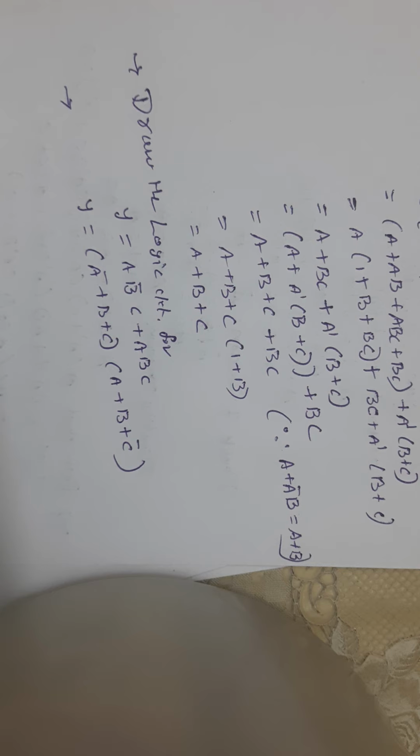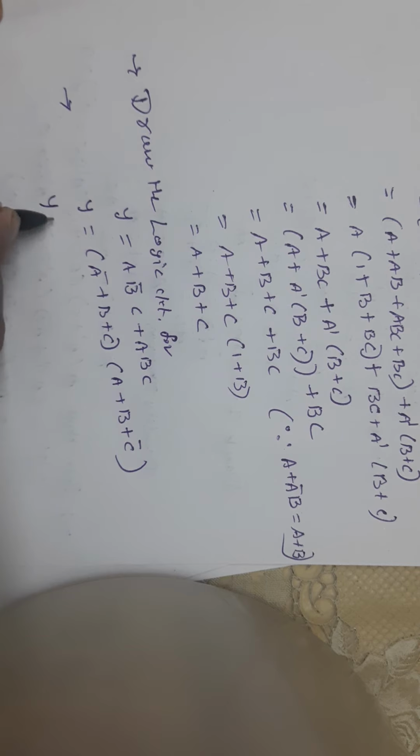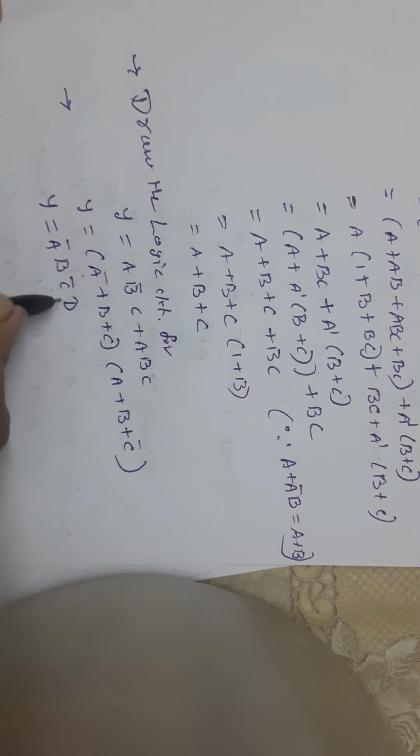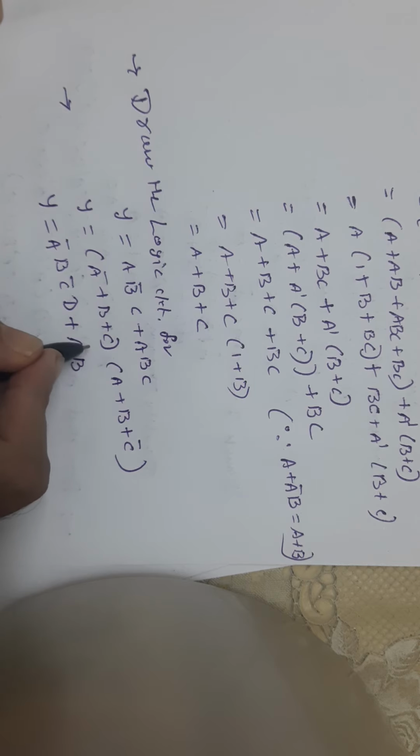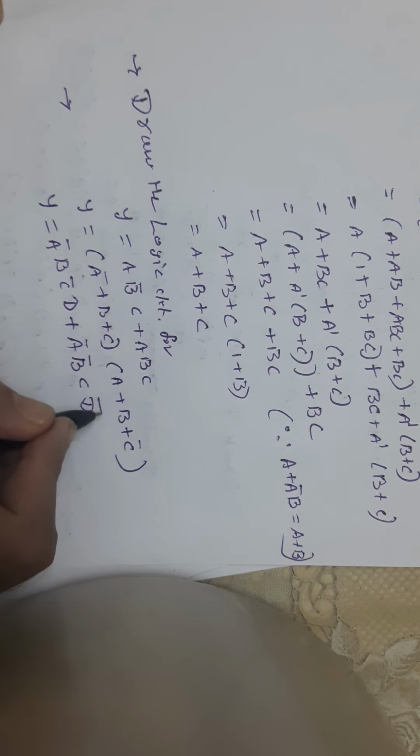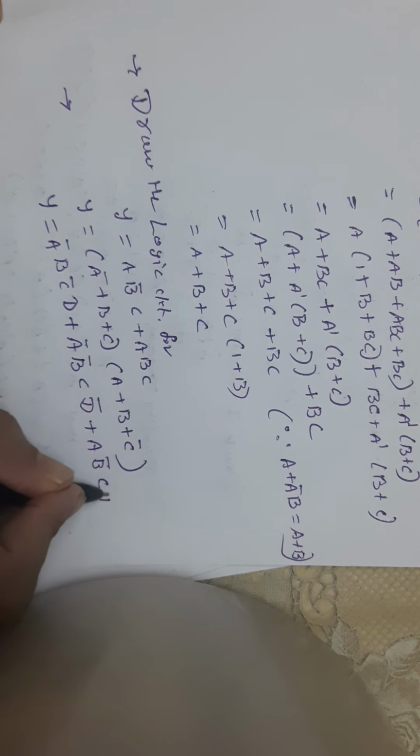Next example, draw a NOR circuit for the following Boolean expression: Y is equal to A bar B C bar D plus A B A bar B bar C D bar plus A B bar C D bar.